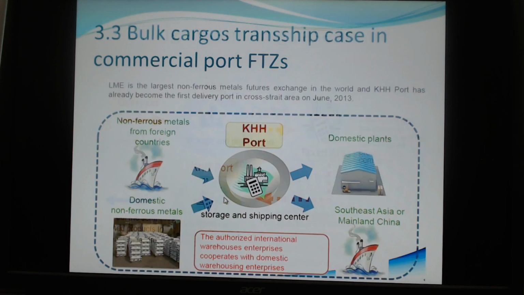Here is talking about a cargo transshipment case in a free zone. This Kaohsiung port basically belongs to our logistics hub port. So they can set up some transshipment hub in the warehouse or logistics center, especially for bulk cargo.